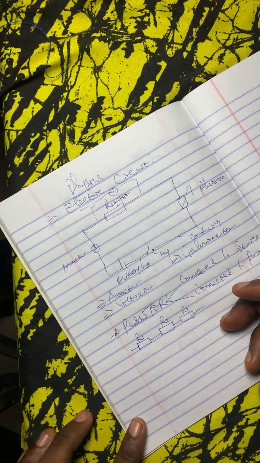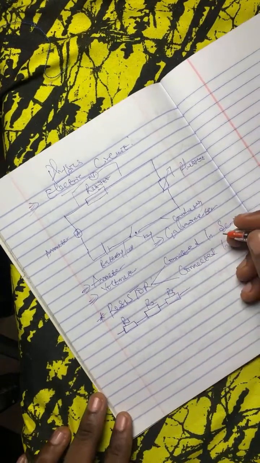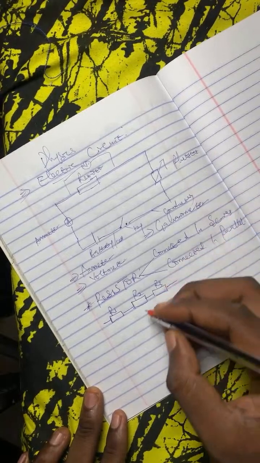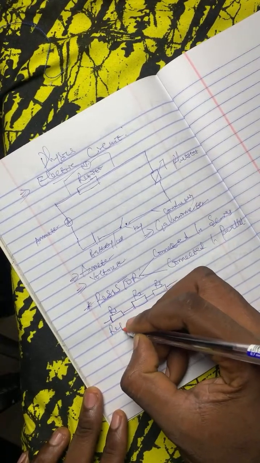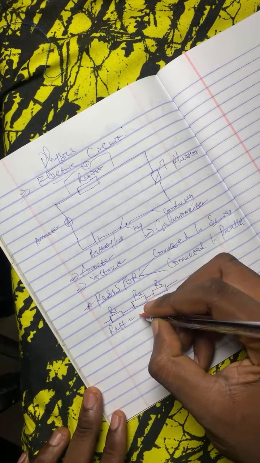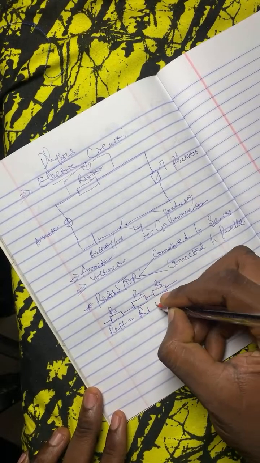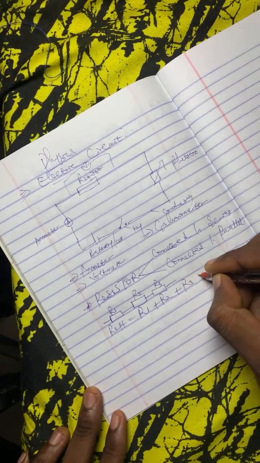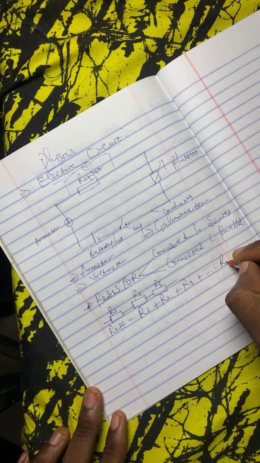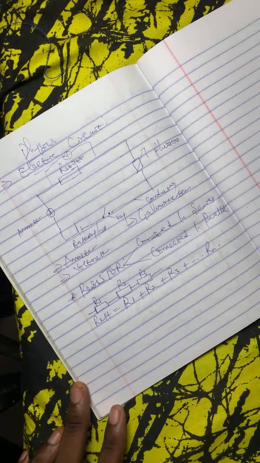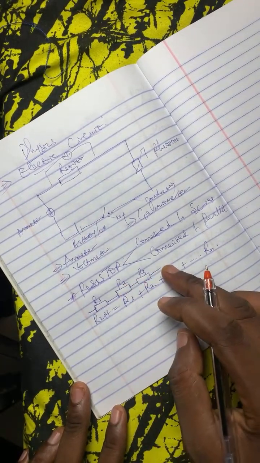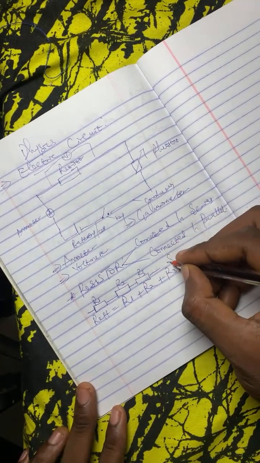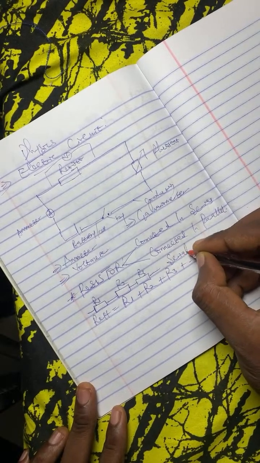If I want to calculate my effective resistance, my formula for effective resistance will be R_eff is equal to R1 plus R2 plus R3 plus Rn. That's my effective resistance in series. This is serial connection.